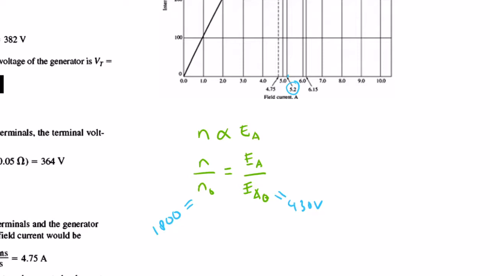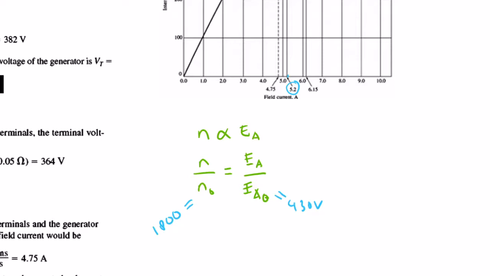So when the speed is 1600, we can work out the value of EA, which will be equal to 1600 divided by 1800 times 430 volt. And what is the answer?